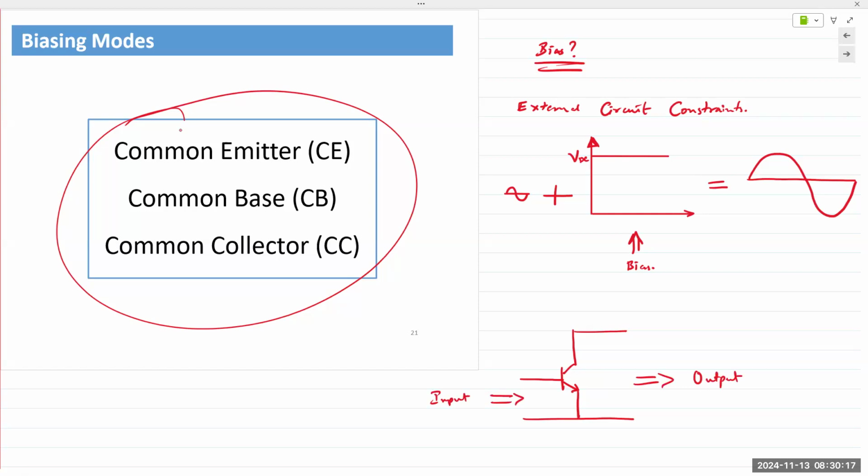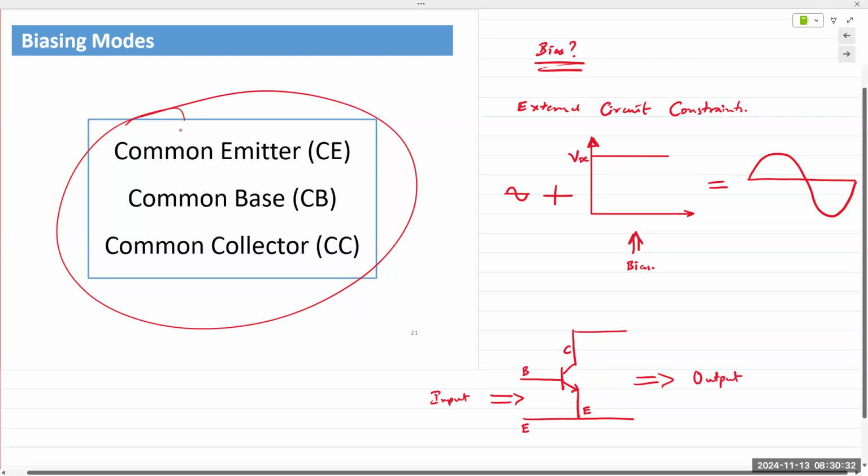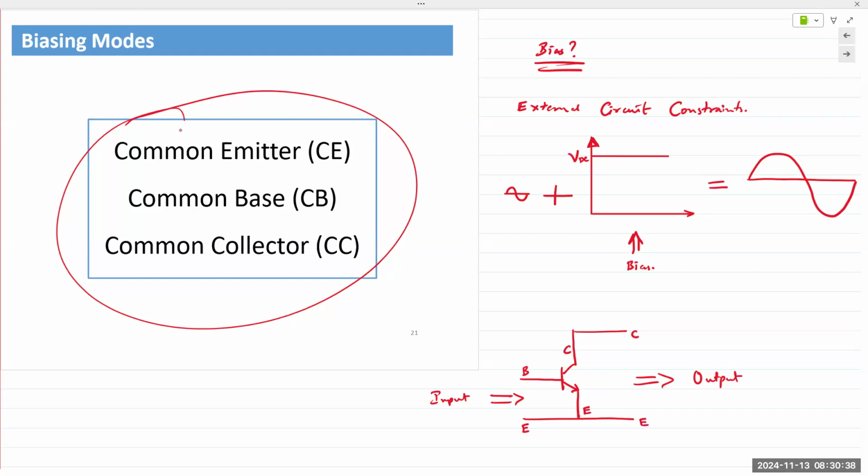Typically, this is always the way you would see BJT circuits. Here, base is on the left, collector is up there, and emitter is down below. So you can see the input is between the base and emitter terminals, and the output is collected between the collector and emitter terminals. So emitter is common between the input as well as the output side, and hence the name common emitter configuration.